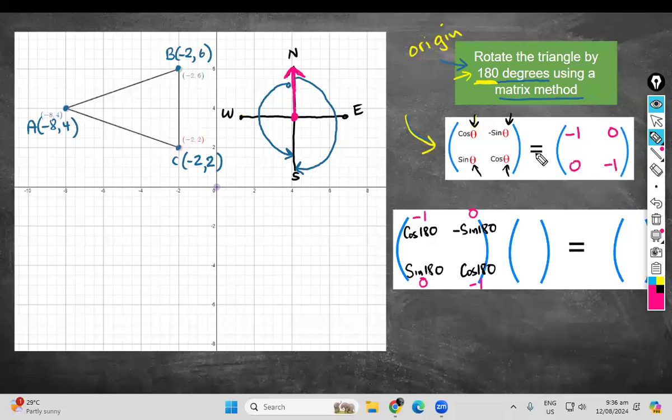And all you would have to do is take this matrix and multiply by point A, then point B, and then point C, and that will give you A prime, B prime, and C prime. And you plot it on the graph, and you do what? Connect all the points, and it will look like the triangle got rotated by 180 degrees.